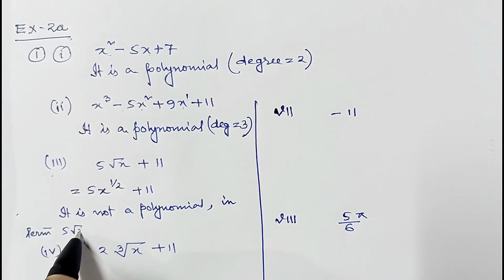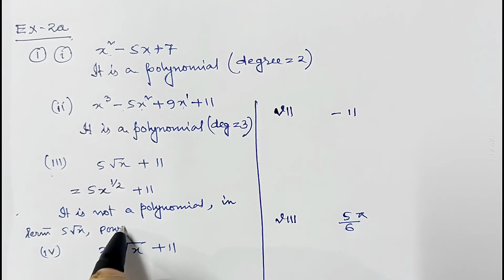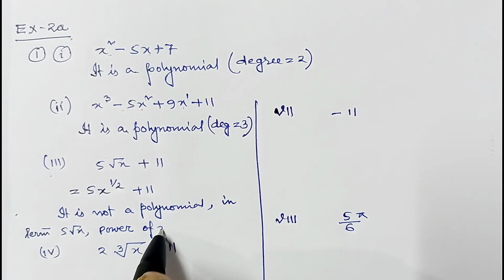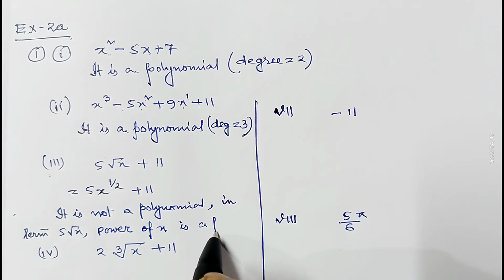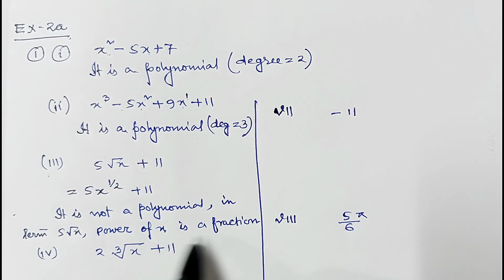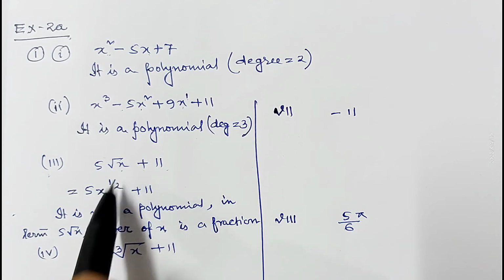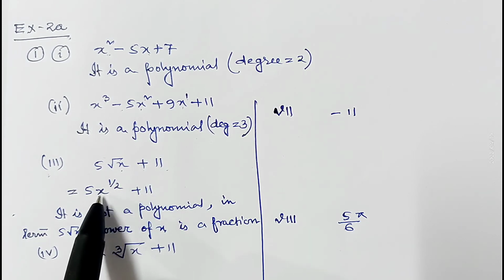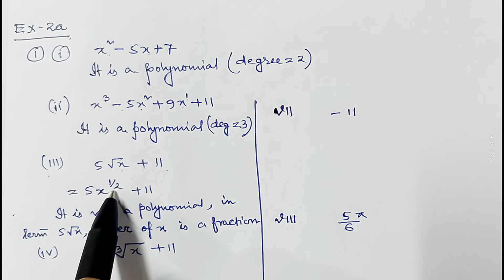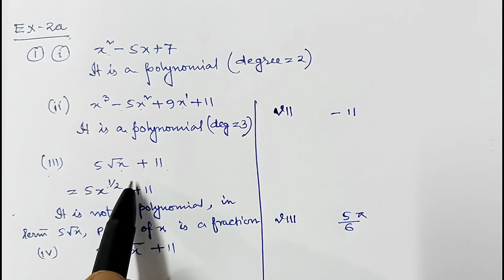We know that the power of the variable should be a whole number in case of a polynomial. Since it is not a whole number, therefore it is not a polynomial.